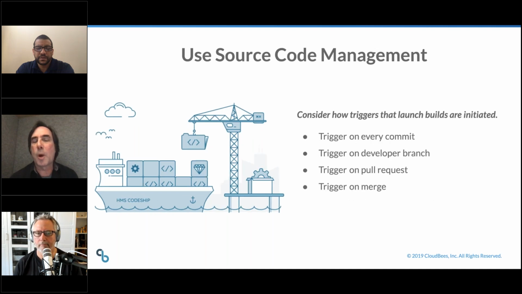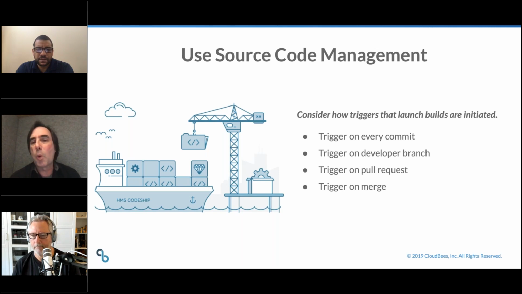So moving right along, the next thing you need to consider in your source code management system is how triggers work. So what exactly makes a build happen? The ideal, and Brian will talk about this more in a few minutes, is to trigger on every commit. So if someone commits new code, we trigger a build.